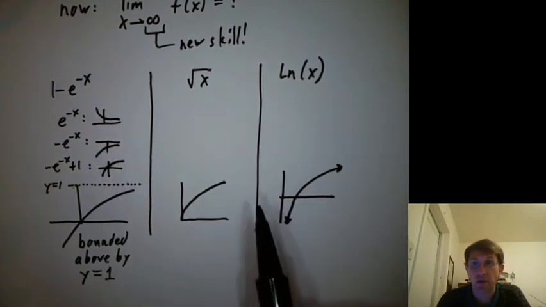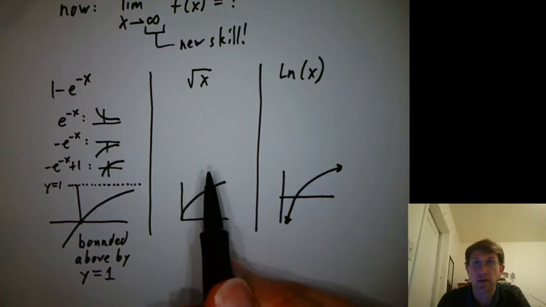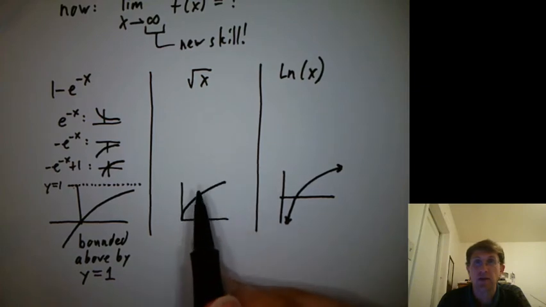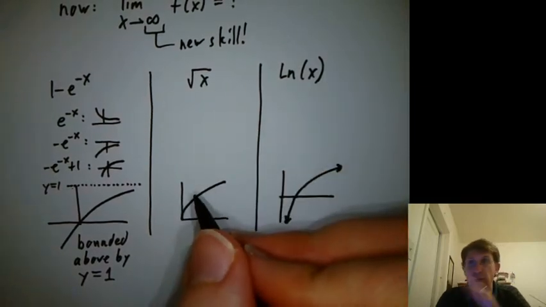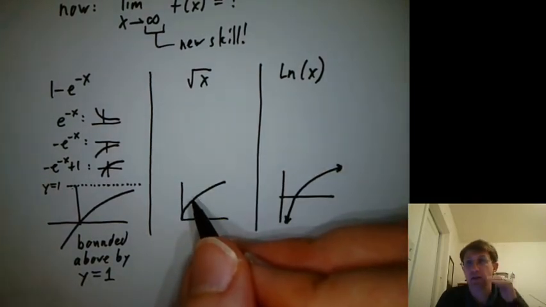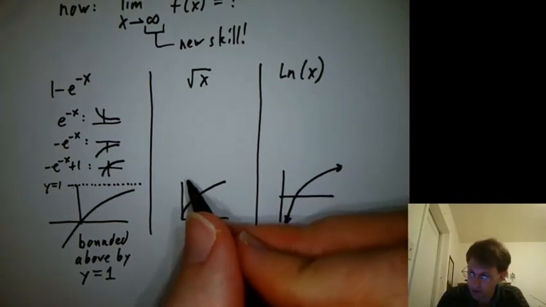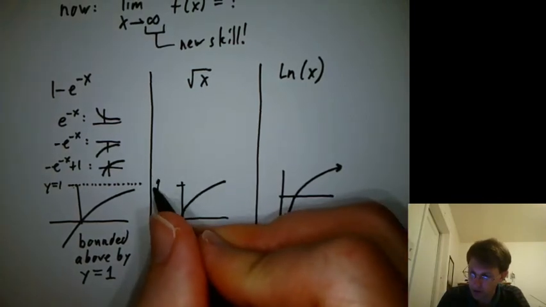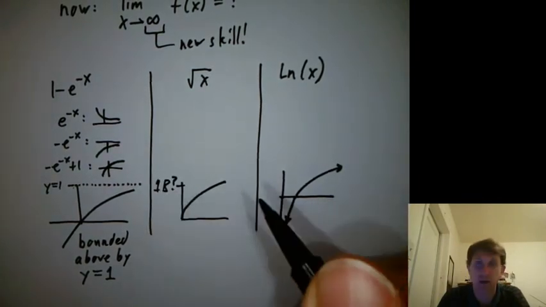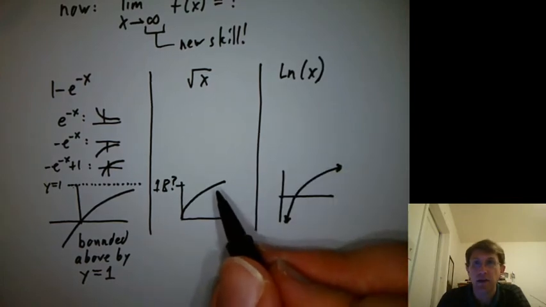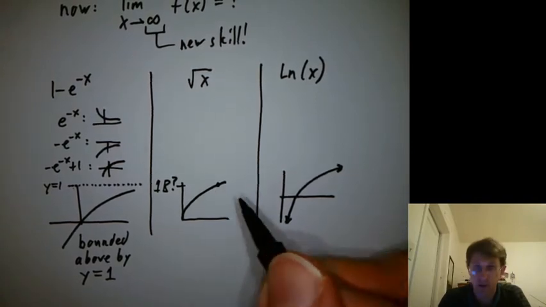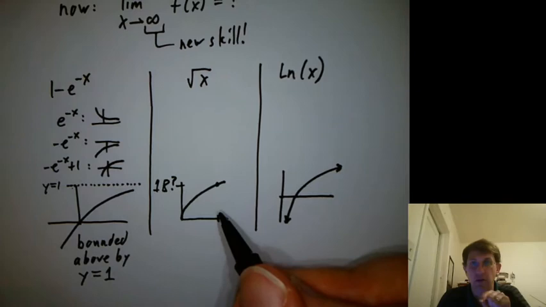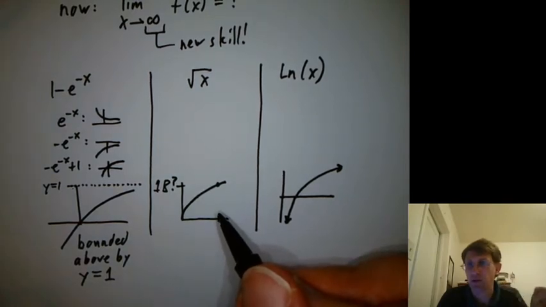Is square root bounded above? Is there any horizontal line you can put that the square root function will never exceed? Well, let's be a little silly. How about a billion? Can we say that the square root function will never get larger than a billion? Is there any x value whose square root is larger than a billion?